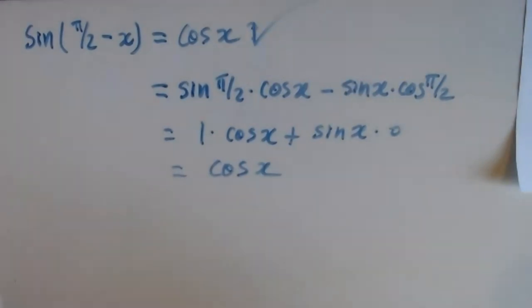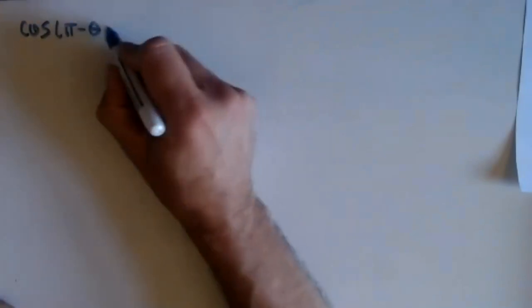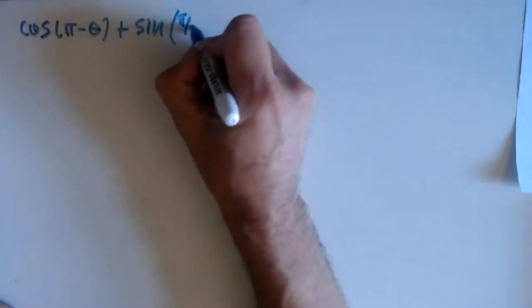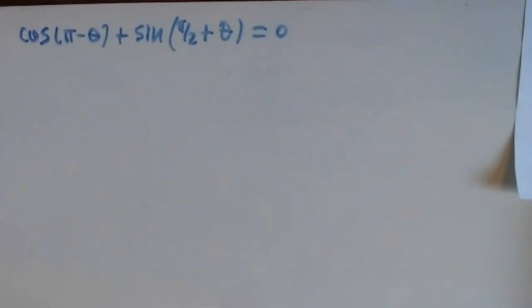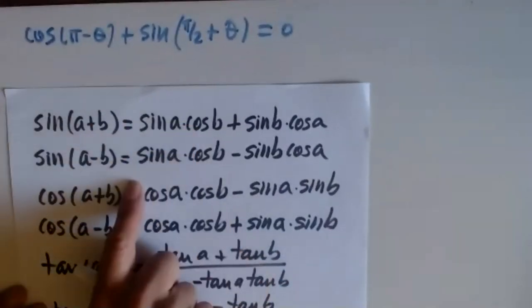Another identity easy to prove, because pretty much all of them are very easy, is the next one. You have cosine of pi minus theta plus sine of pi over 2 plus theta. This has to be 0, correct? So we have to prove this is true. I'm going to use my identity. You see I have cosine of minus and sine of plus.